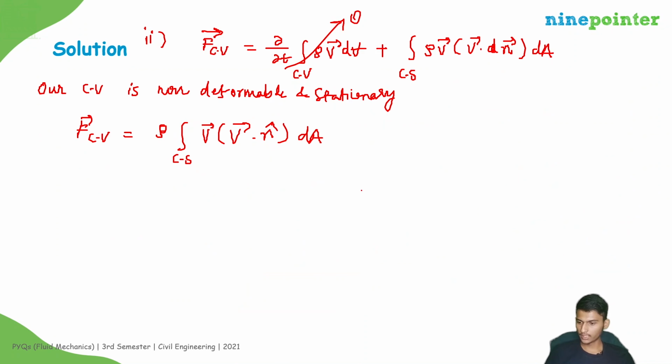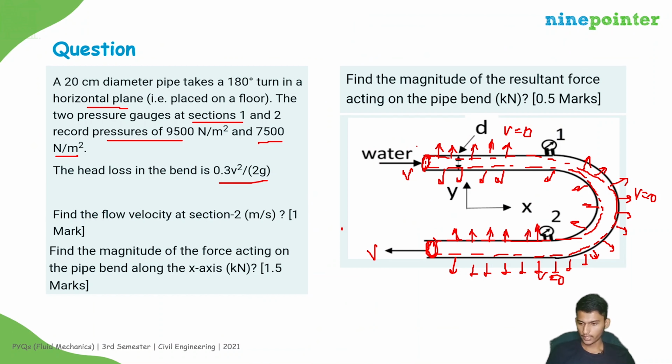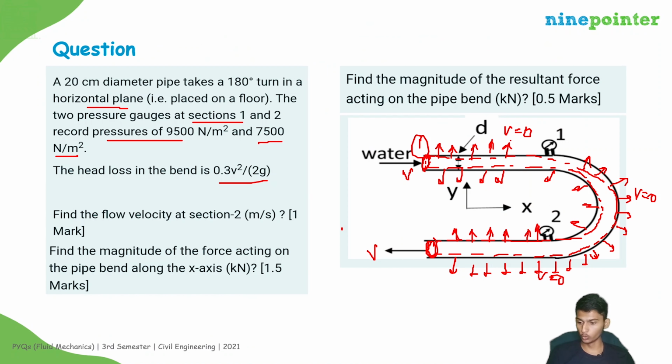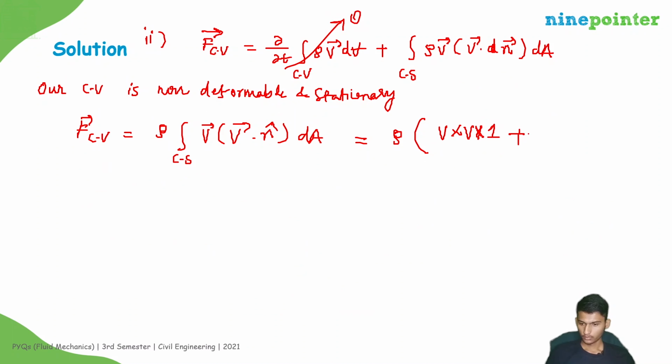So we get this value as rho into, at place 1, the value will be V into 1, right? So n cap will be I cap, the I cap cancels, so this will be V into 1. Plus the value at 2 will be, so this will be V I cap, the velocity is in the negative x direction, so minus V I cap dot minus I cap, right?